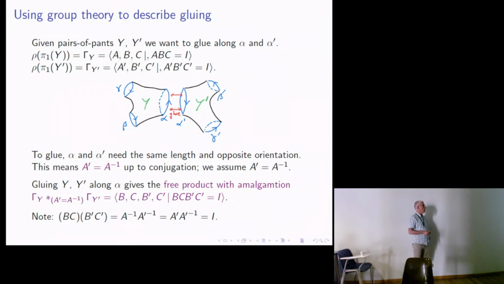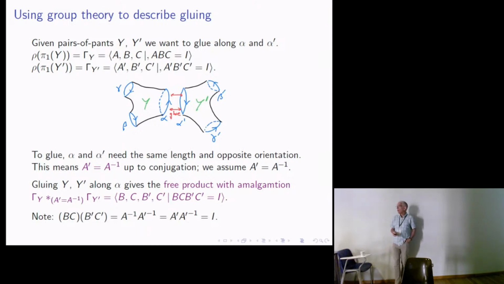Same length means that they're in the same conjugacy class up to taking inverses, and opposite orientation means that A prime is conjugate to A inverse, and so I'm just for the moment going to assume that they're the same. So A prime is A inverse. That's the equivalent of the same length and the orientation condition.